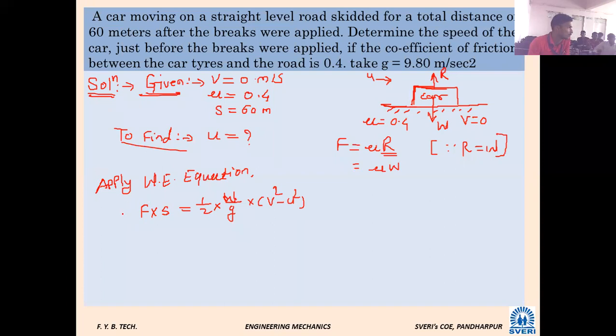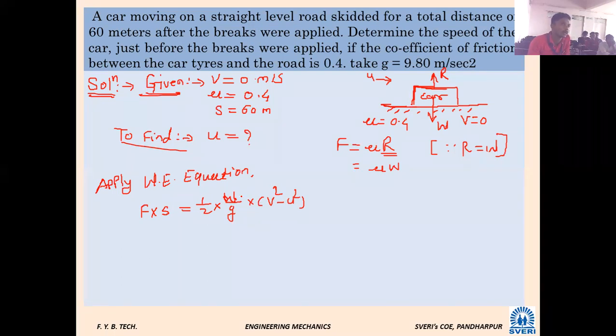We are knowing force, W, G, and V. U we want to calculate. So what will happen here? One more thing here, the most important thing.